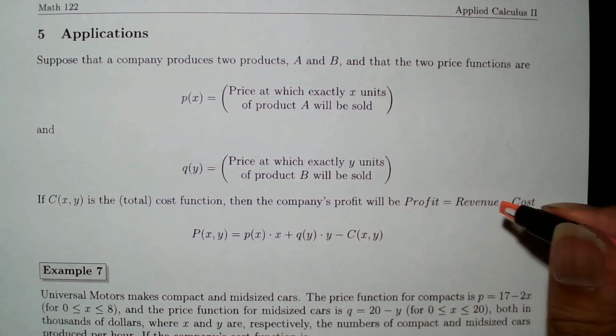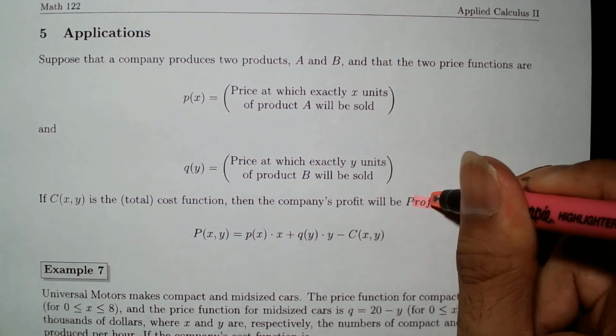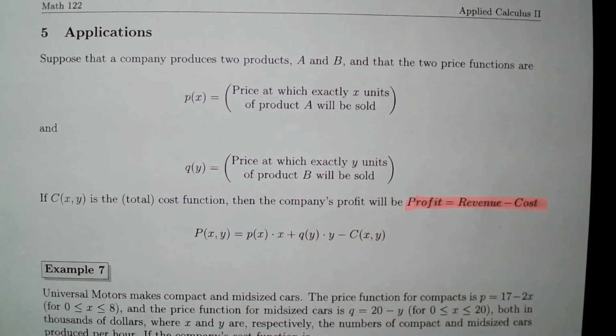So the profit of the company will be the difference between the revenue and the cost. All right, for example, in a very simplistic way, suppose you sell sodas for a fundraiser. You buy the sodas. The price of each soda is 50 cents.